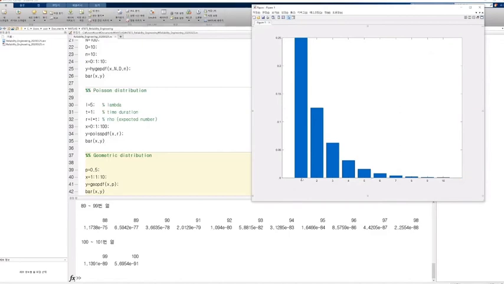So the probability that the trial, I mean, well, geometric PDF.